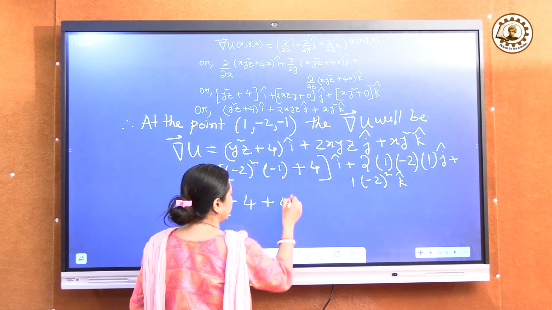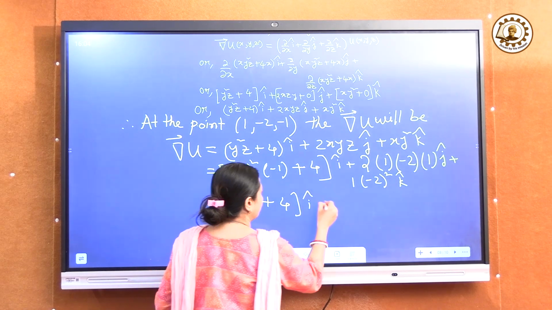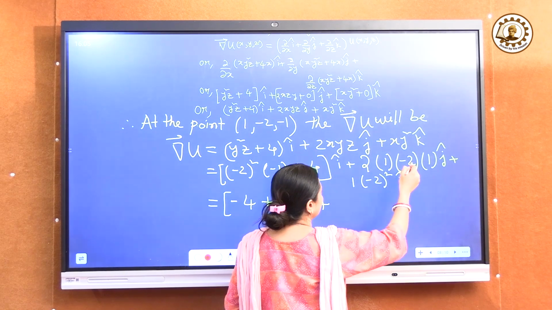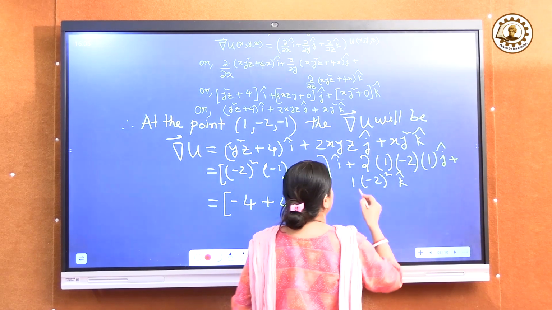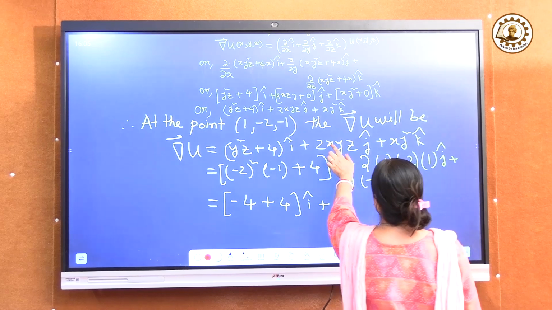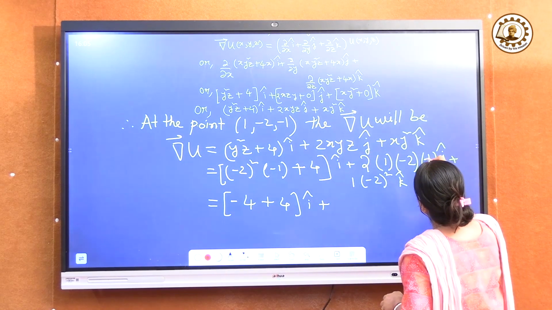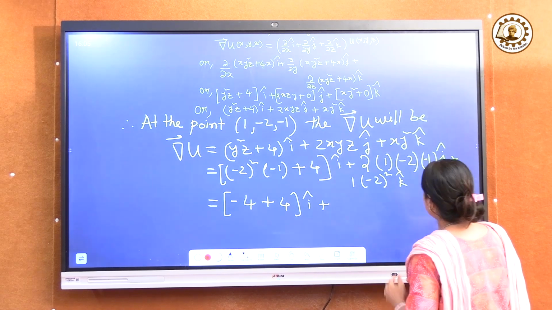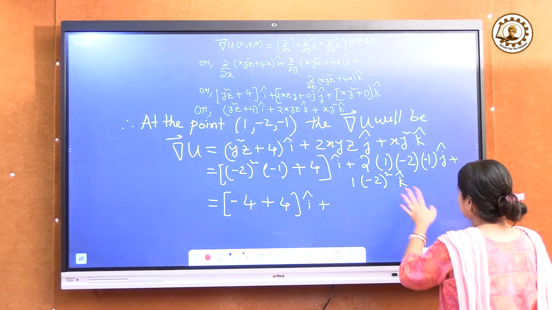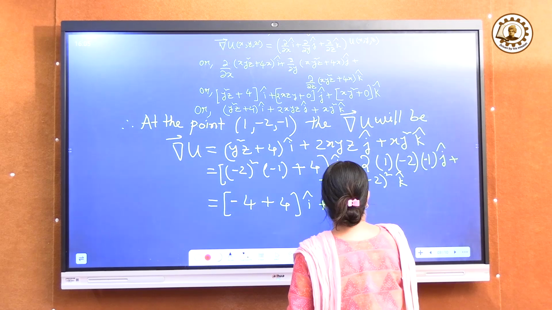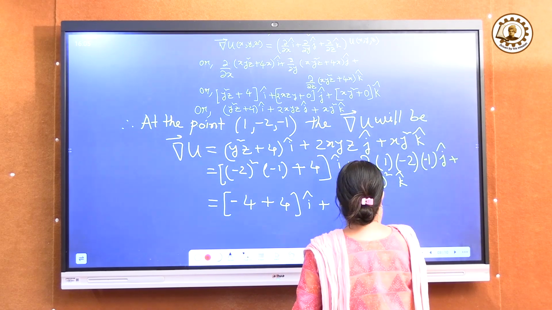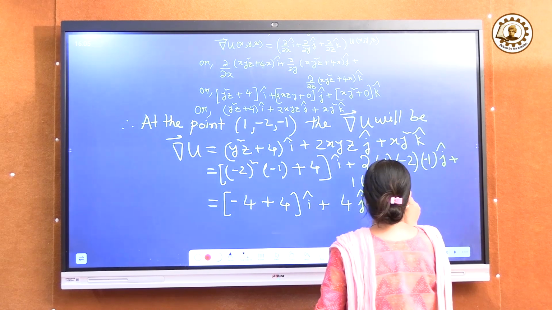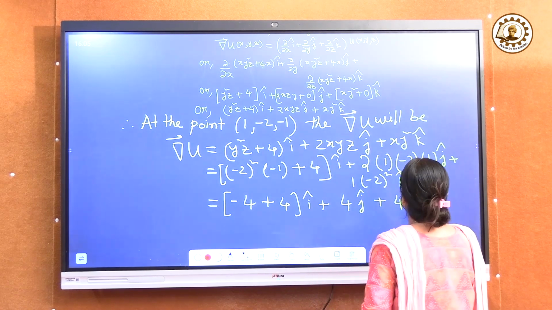And this is plus 4 i cap, plus this is 2 into -2, and this is, once again, x y z, z equal to -1, so -1 into -2 is equal to plus 4, so 4 j cap, plus this is 4 k cap.